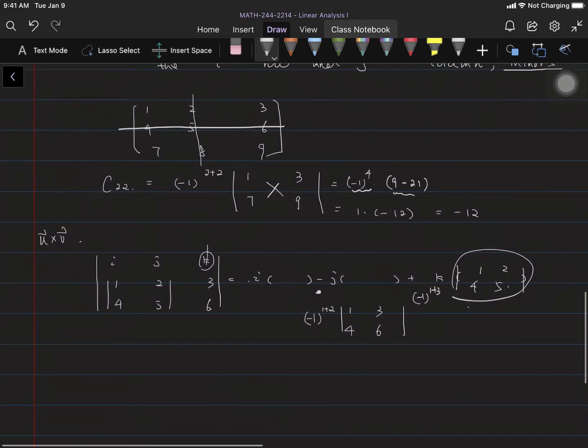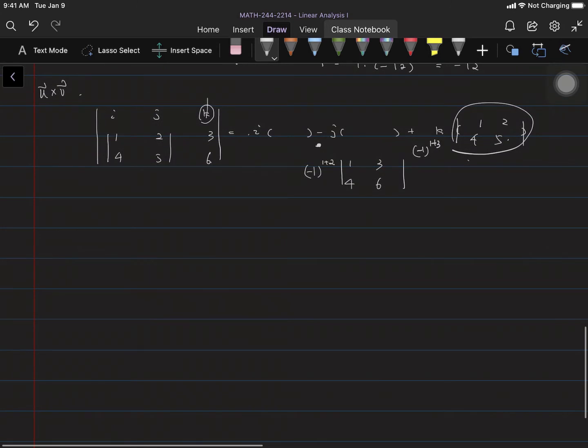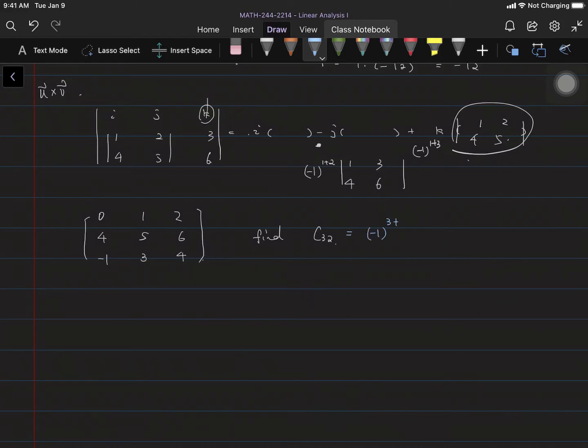Let's take a look at this matrix: 0, 1, 2, 4, 5, 6, -1, 3, 4. Can you find C32? Let's practice this. C32, firstly, the definition: -1 to the power 3 plus 2, times the determinant.